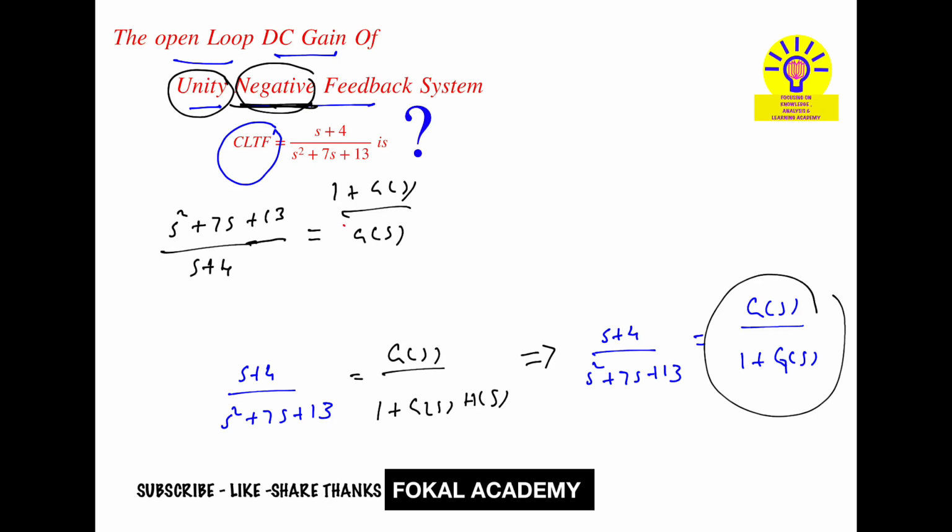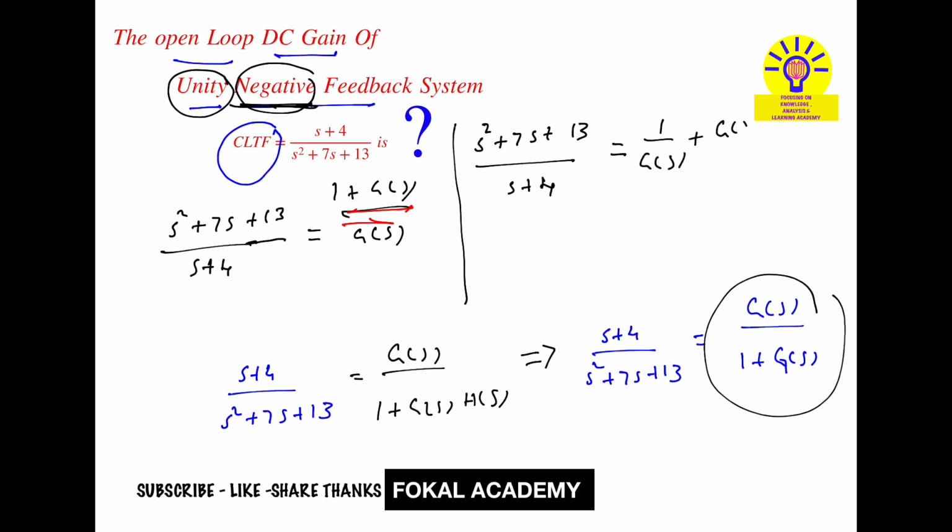Now we can divide the numerator by the denominator. Keep the LHS as it is, (s square + 7s + 13) upon (s + 4). On the RHS it becomes 1 by G(s) plus G(s) by G(s). Here I am dividing these two terms of the numerator by G(s). So here G(s) cancels.